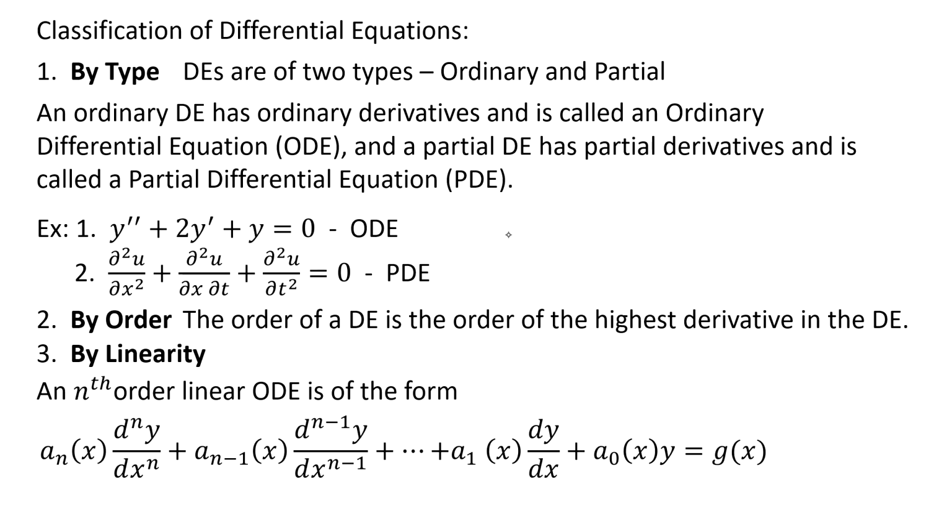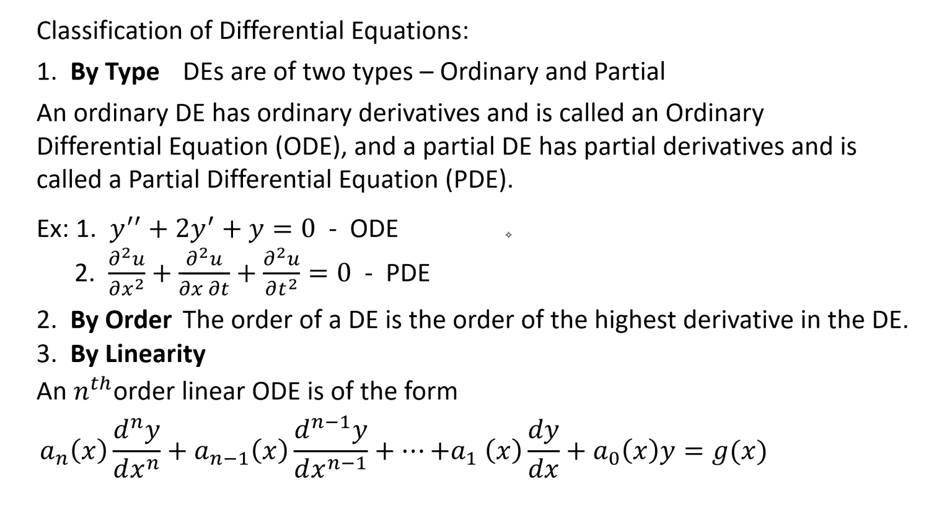So notice, in this nth order linear ODE, this is what we have. All the y terms and its derivatives of y, all those terms are on the left hand side. Do you agree?